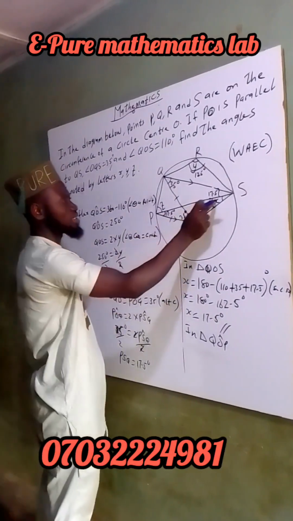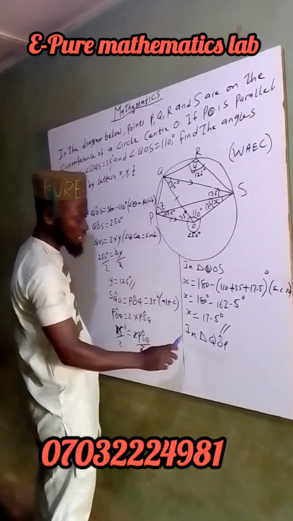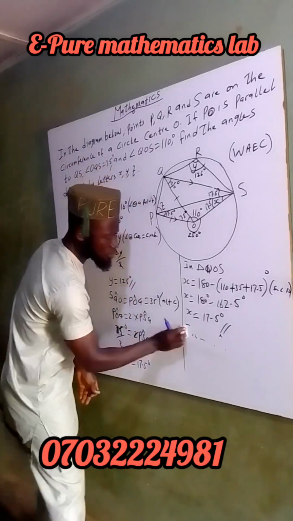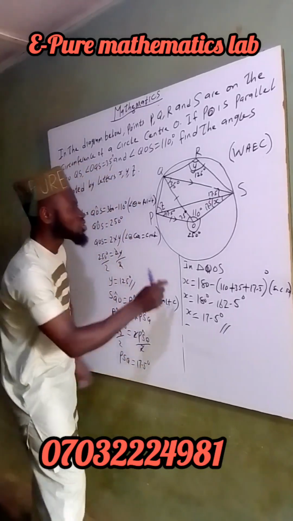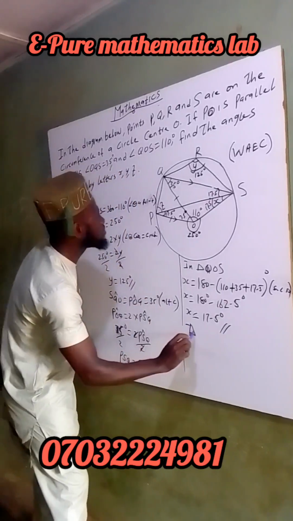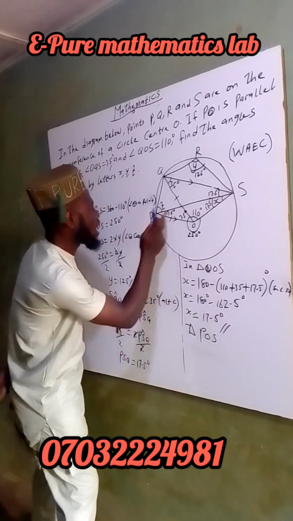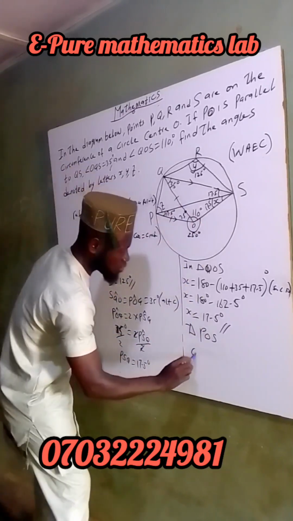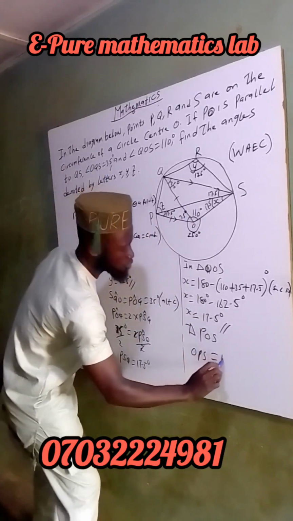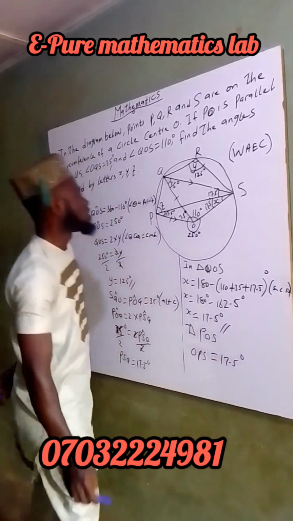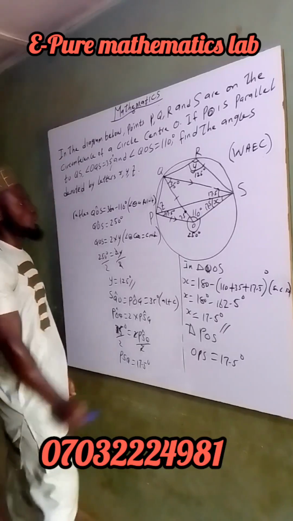If this is x, this is also 17.5 degrees. Reason: base angles of an isosceles triangle. So our OPS is also equal to 17.5 degrees.